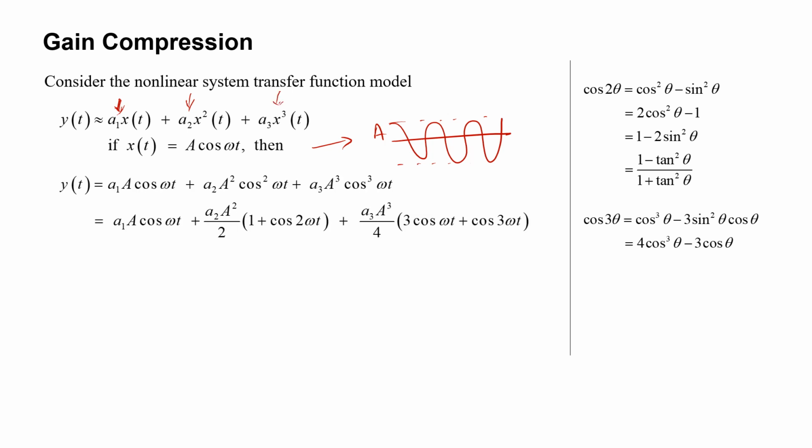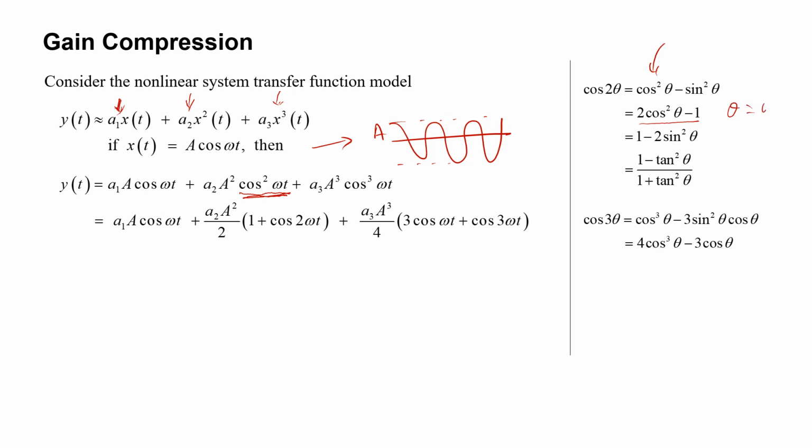Let's only consider the first three points. So y of t is equal to a1 a cos omega t, and then a2 a square cos square omega t, and a3 a cube cos cube omega t. So we know that cos square omega t can be derived from this trigonometric identity: cos 2 theta is equal to 2 cos square theta minus 1.